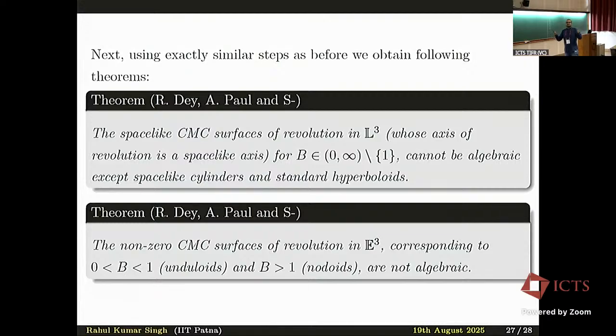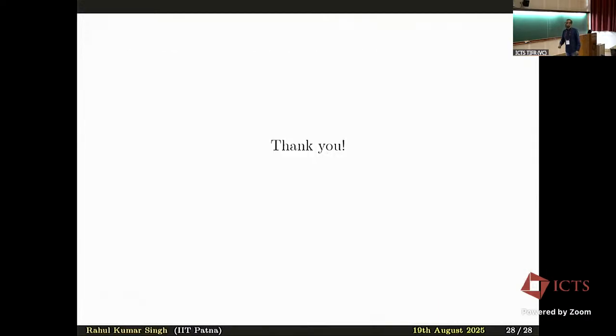But this theorem doesn't say anything about surfaces which have self-intersections. You can see here, at least in this class, the nodoids are examples which have self-intersections, and we are sure now that they are not algebraic. So at least we know for some examples of CMC surfaces that they are not algebraic. That's it. Thank you.